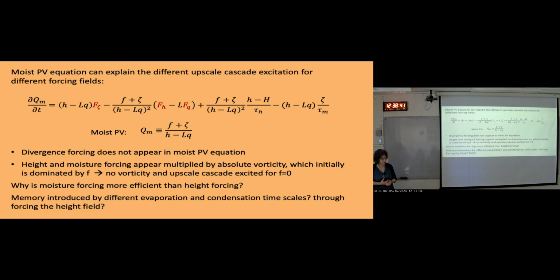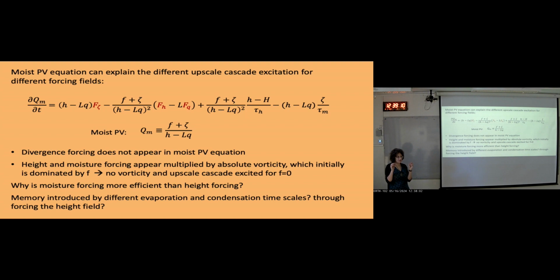This is fun because in your equations, Q and H play almost the same role, save for the fact that in H, we have a 500-day relaxation, and in Q, we have two different relaxations, one for condensation, one for evaporation, and they're much smaller.